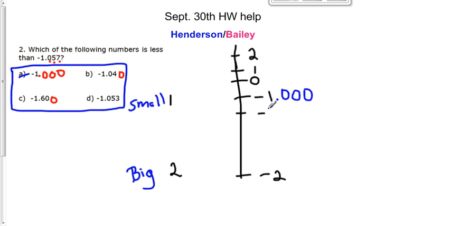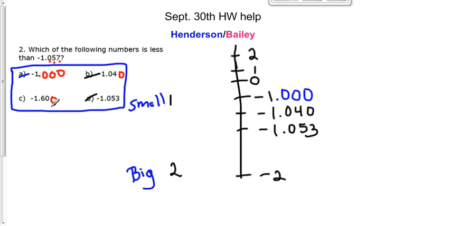So we have our negative 1.040 or 40 thousandths. We've done that one. So next we have 53 and we have 600. Well, of course 53 is going to come next, and we can't forget about a problem up there. So we have our negative 1.053 or 53 thousandths.